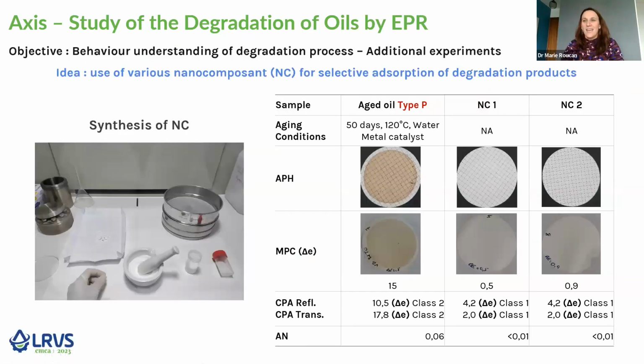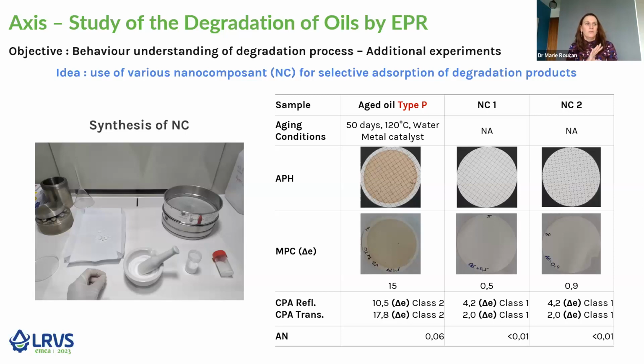So at the same time as we did this EPR and aging of the oil, we decided to work on some nanocomposites. The idea here was, as I mentioned, that metal can hide some organic signal, but you also have some organic signals which can hide other organic signals. It depends on the concentration you have inside.